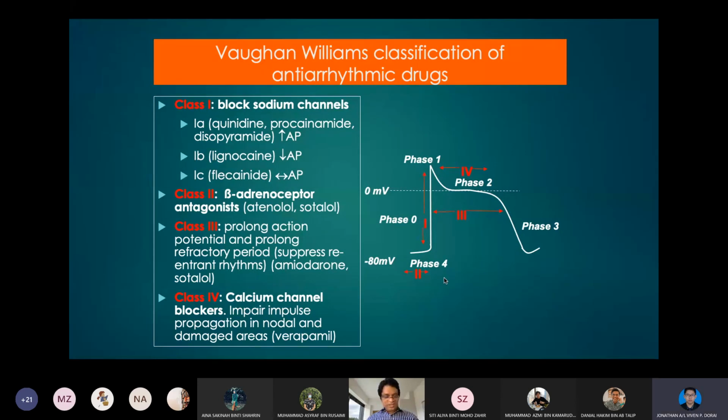Actually, there is no gap between cardiac functions. Systole and diastole are happening simultaneously. But systole is for 0.3 second, diastole is 0.5 second. So when you are in systole, you cannot cause diastole. When you are in diastole, you cannot reintroduce another systole. So that is the refractory period.